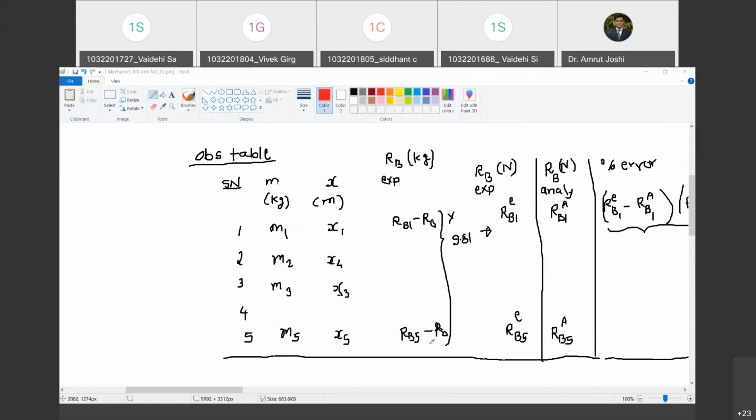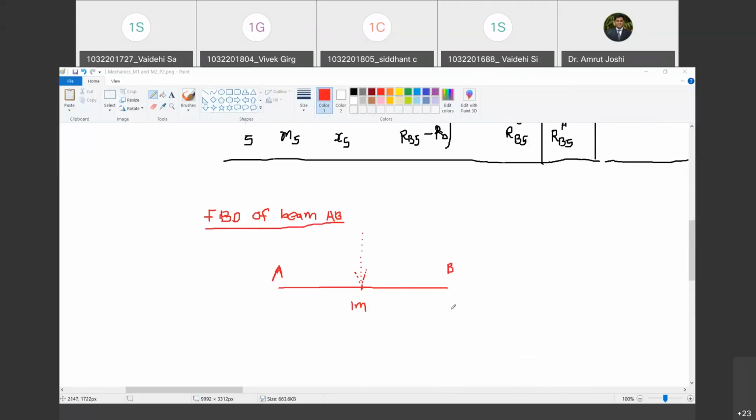Do you agree with me? Yes, sir. So therefore, in calculation of experimental RB, I am not going to consider the portion of RB generated by this self weight. Happy? Yes. Therefore, though needs to be shown technically, I will not show this in free body diagram.